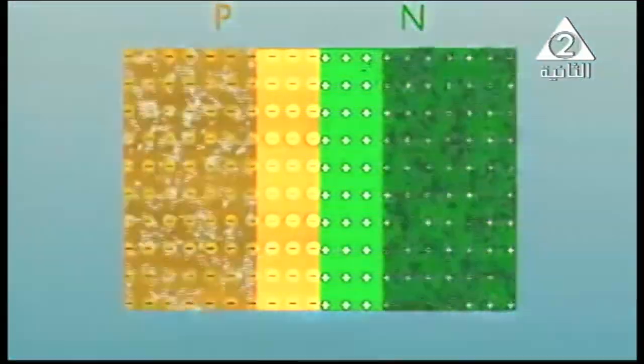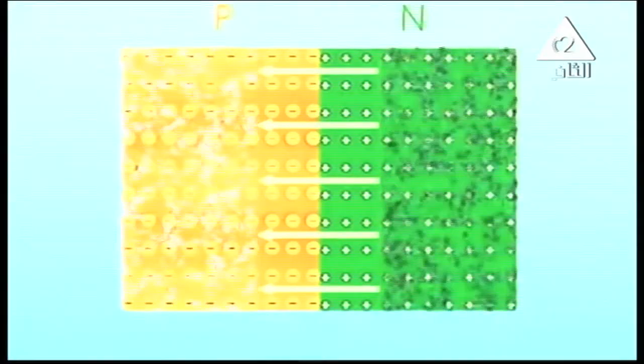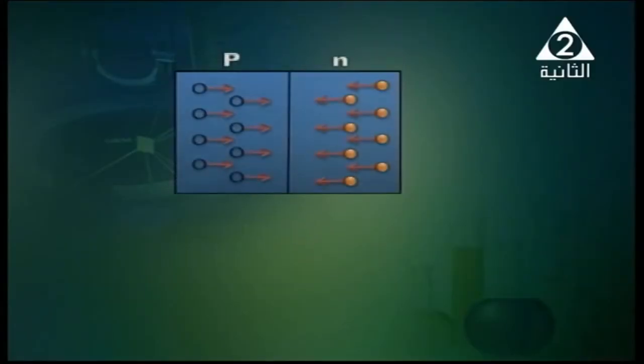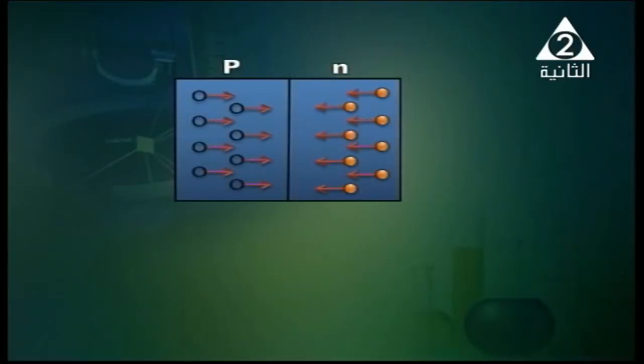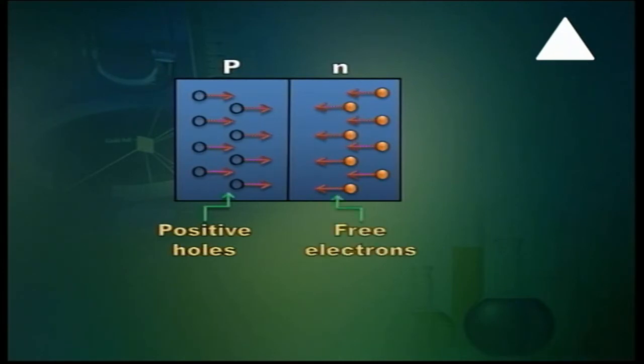By a special manufacturing process, a junction is formed between P and N type semiconductors. It is shown in front of you. When the junction is formed, we expect free electrons to transfer from the N type to the P type, and of course, positive holes will do the same from P type to N type.